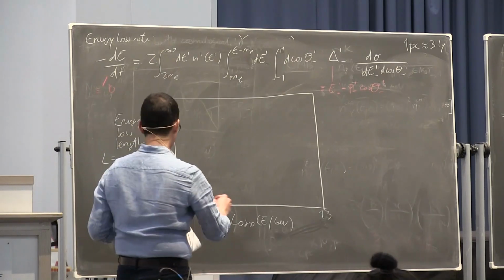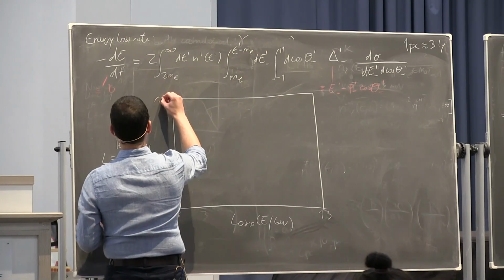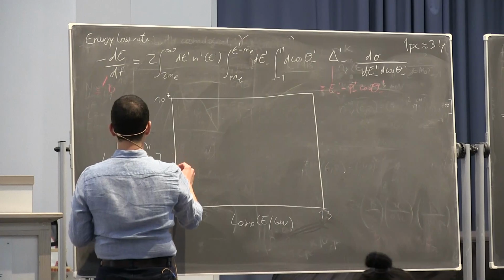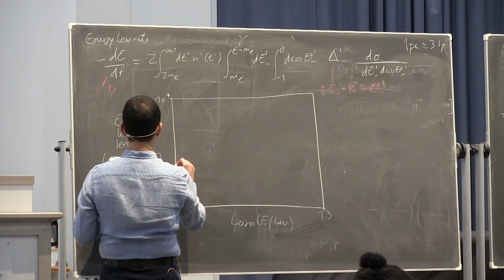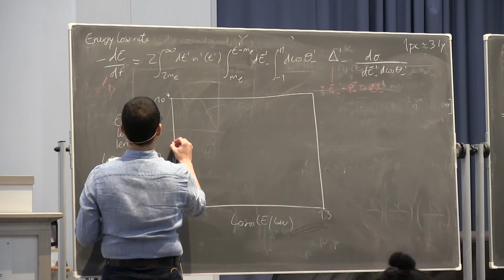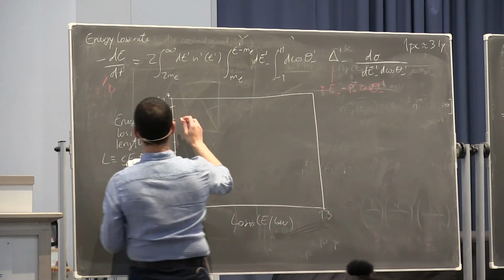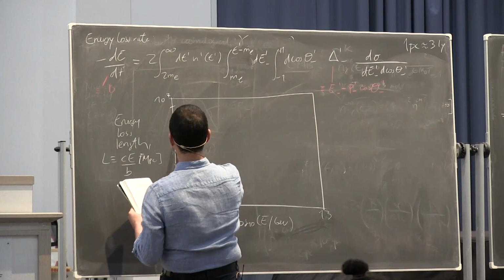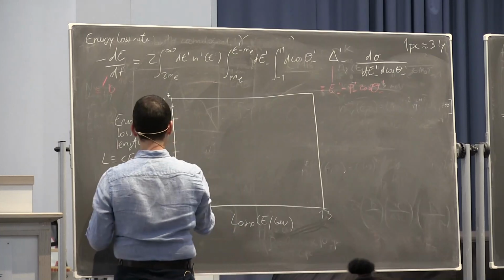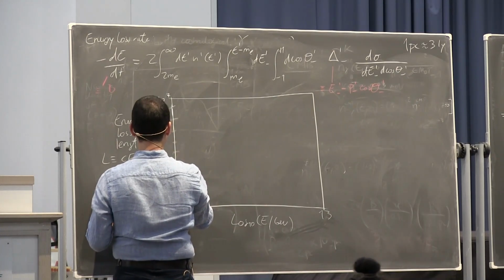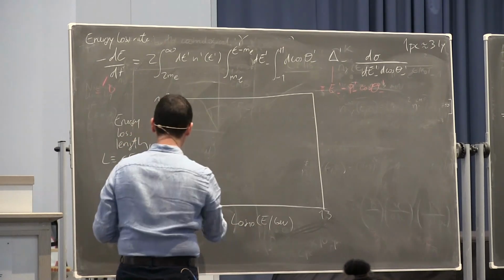The first thing here that we can draw is the axis, 10 to the minus 2, 10 to the 7 parsecs. This is minus 1, 0, 1, 2, 3, 4, 5, 6, and that's as best as it will go.